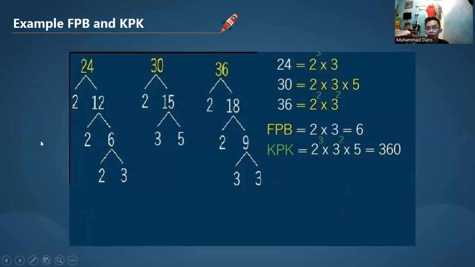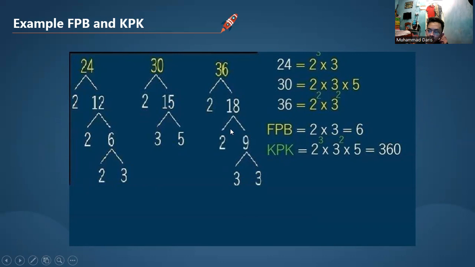Okay. Example for HCF and LCM. This is a question: 24, 30, and 36. To know the HCF and LCM, we can divide by 2. 24 divided by 2 is 12. 12 divided by 2 is 6. 6 divided by 2 is 3.